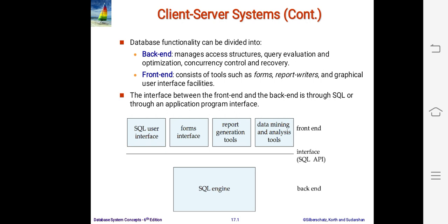An SQL server interface may be there, a forms interface may be there, report generation tools, and data mining and analysis tools are there, and at the back end you have the SQL engine, and this interaction between front end and back end is through the SQL API, that is, application program interfaces. In the software industry you have different SQL APIs available. Through those APIs you can interact, or communicate, or build the connection between front end and back end.